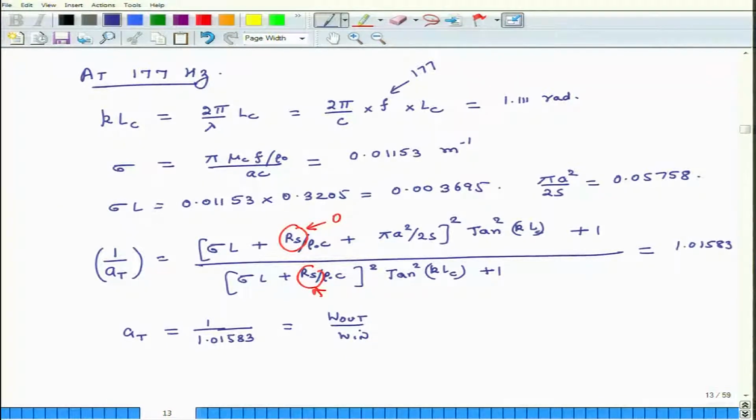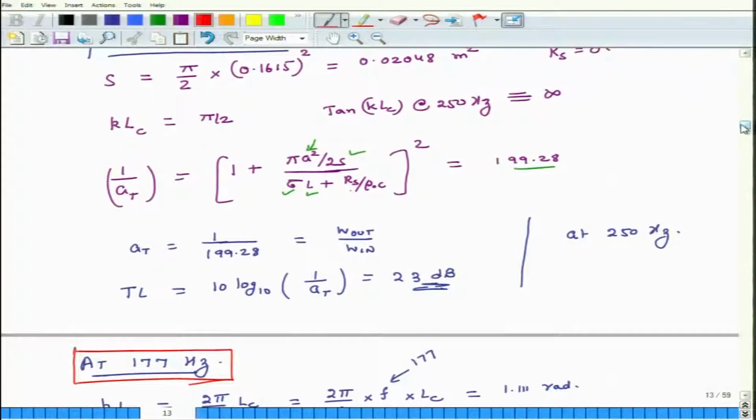So, at 177 hertz, if I throw in 1.01583 watts of power, 1 watt comes out. So, only 0.01583 watts is getting absorbed by the side branch muffler, but at 250 hertz, if I throw in 199 watts, only 1 watt comes out.